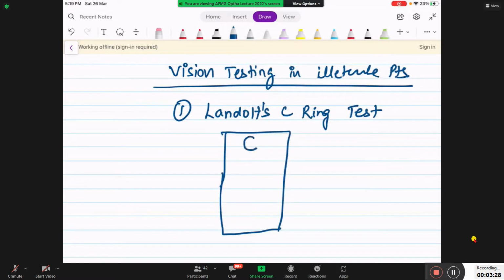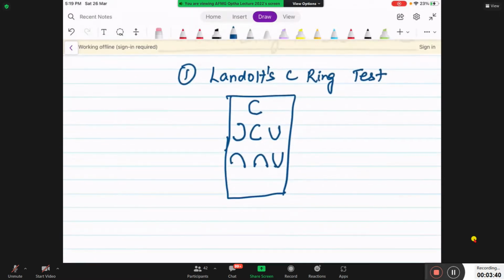Letter C is made in different directions, and we ask the patient in which direction it is open, right? So Landolt's C-ring test is a test for vision testing in illiterate patients. The name of another chart is Snellen's E-chart test.